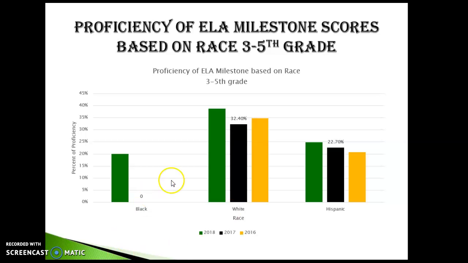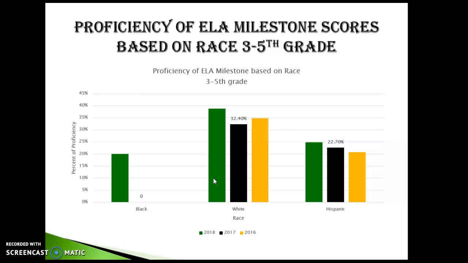But you can see how our races performed on the milestone. So our African American race, we only had enough students to make a subgroup for 1 year, and 20% of our African American population were proficient in ELA 3rd through 5th grade, which is pretty good.